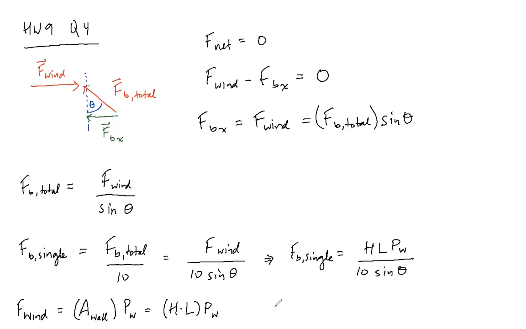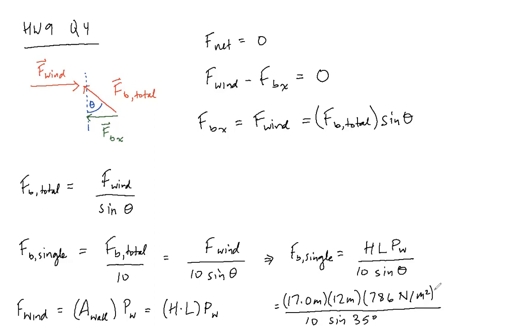And so that is equal to 17 meters times 12 meters times 786 newtons per square meter divided by 10 times the sine of 35 degrees, right? 35 is what they give us for the angle.